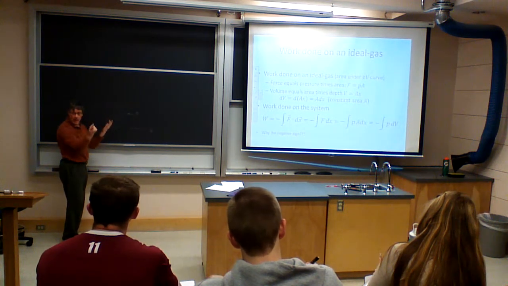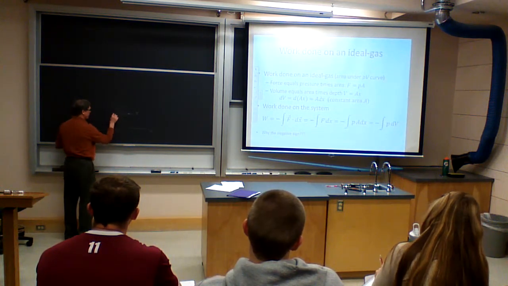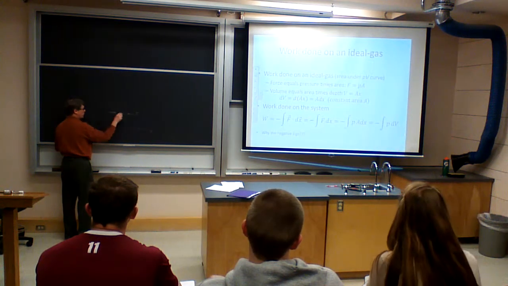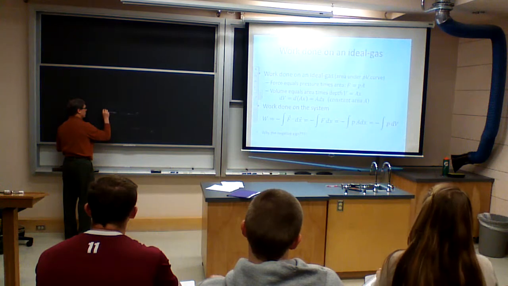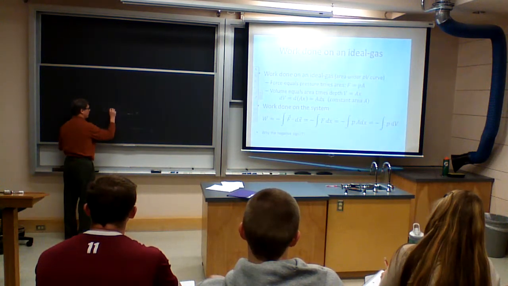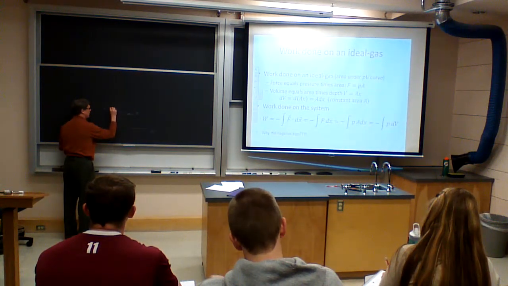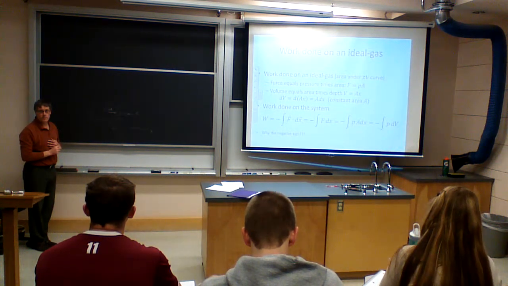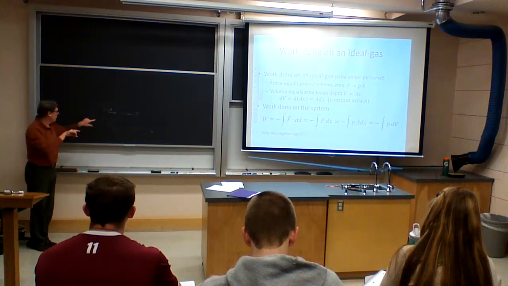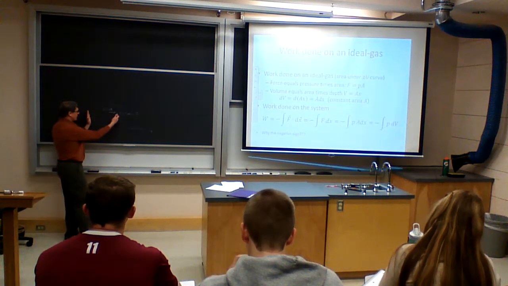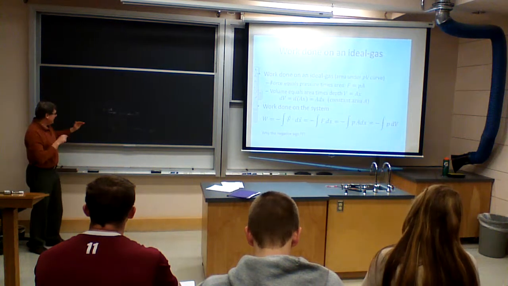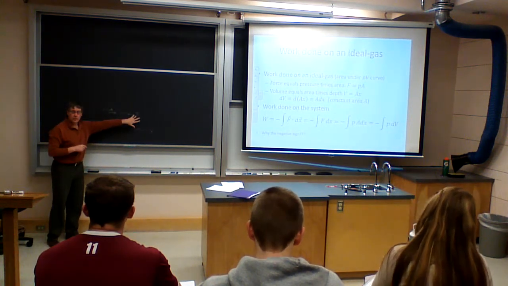That would normally be positive, but the gas here is applying a force in the opposite direction that's equal to our pressure times area. So our force is the pressure inside this gas times the area, and it is pointing in the opposite direction of the force that's being applied.